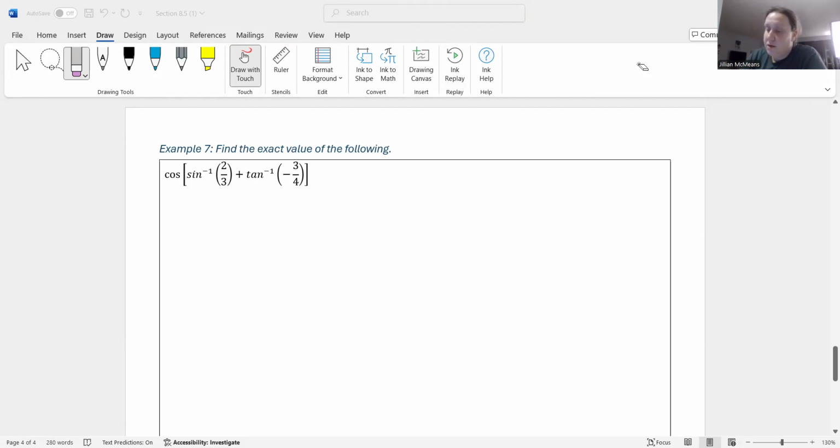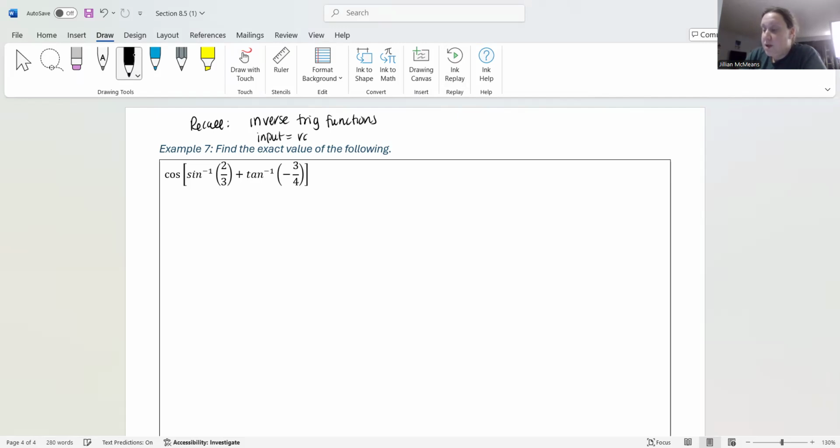So please recall, for inverse trig functions, we have an input value that is a ratio and an output value that is an angle.